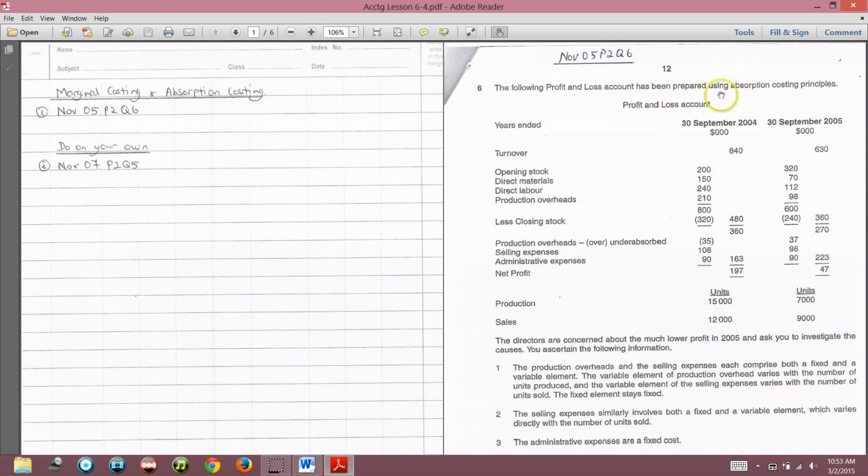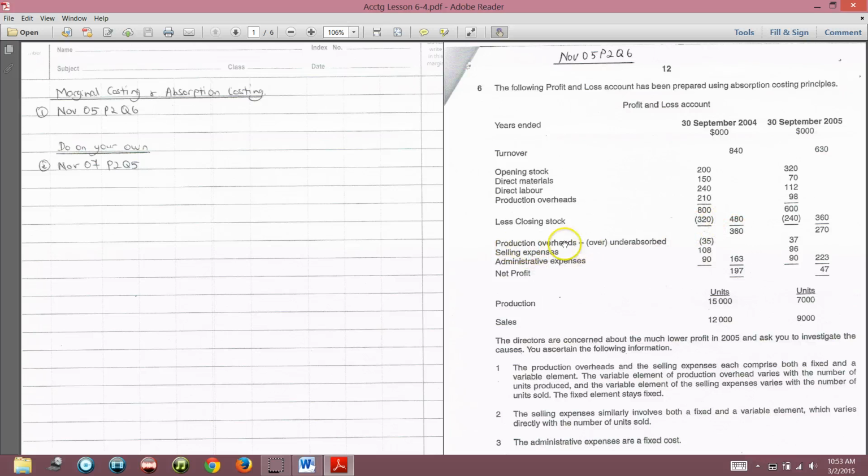In this profit and loss account prepared using absorption costing basis, we don't segregate fixed costs and variable costs. It looks to me, except this line, you see the turnover minus all this direct material, all this appears to be the factory cost. This 480 appears to be a factory cost.